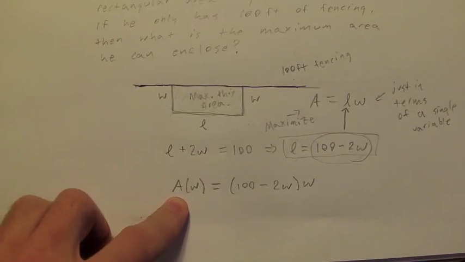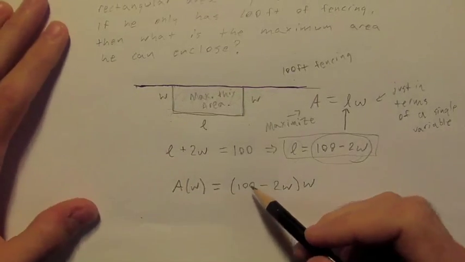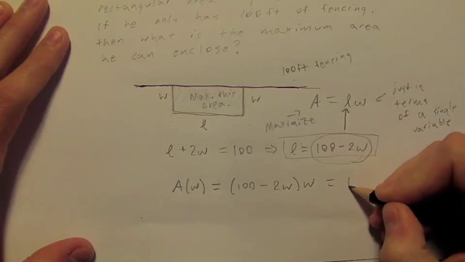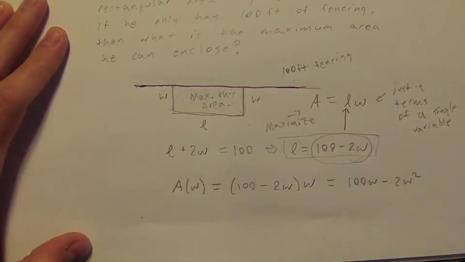It's now A of W. So it's equal to 100 minus 2W all times W. So when we distribute that, it's 100W minus 2W squared.